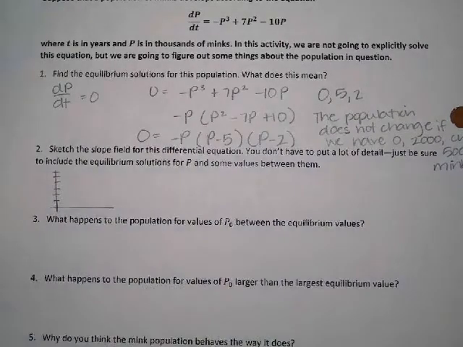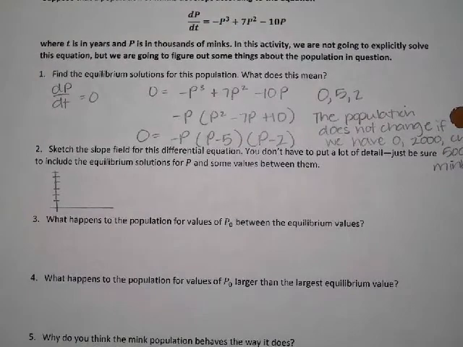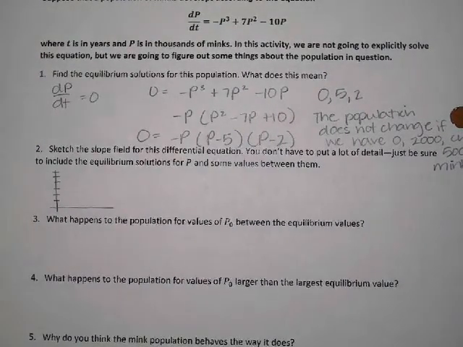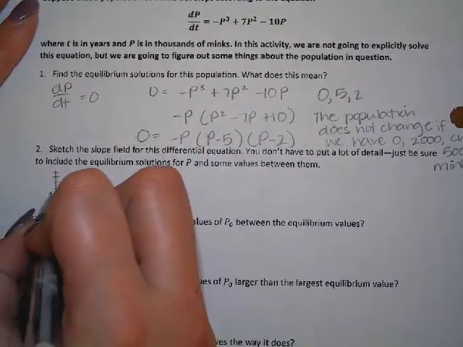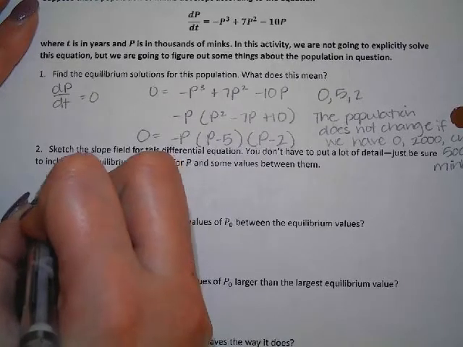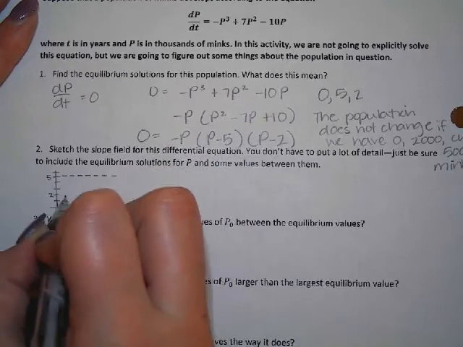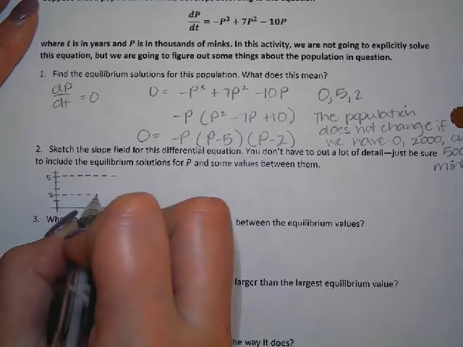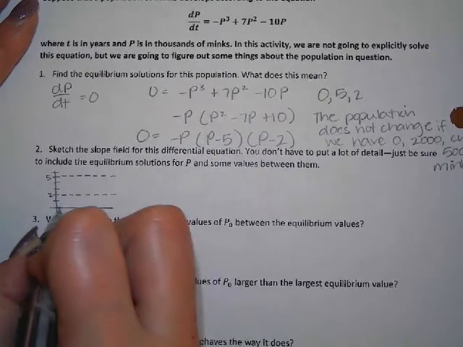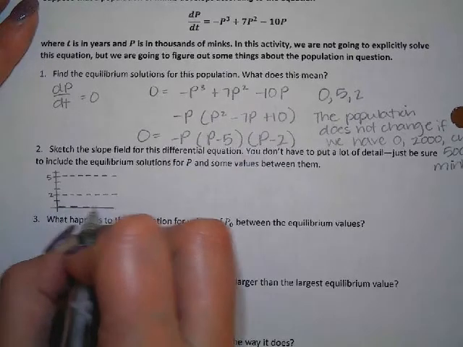I'm not including below 0 because I don't think we're going to have negative 1,000 minks. So there's 2, there's 5, equilibrium solution right there, equilibrium solution right there, equilibrium solution right here.